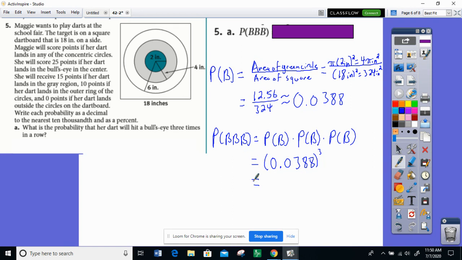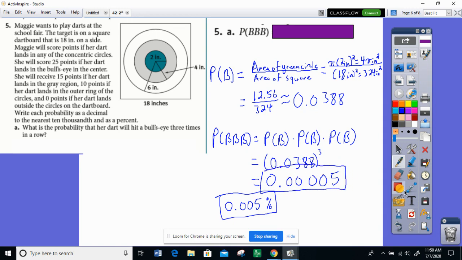So if we work that out, 0.0388 times 0.0388 times 0.0388, that comes out to be 0.00005. And since they wanted us to write that as a percentage as well, that is 0.005%. That is not very likely. You have to be really good to get 3 bullseyes in a row, right?